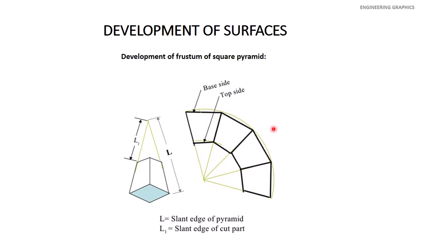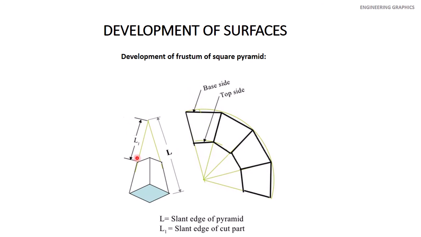Next is development of frustum of square pyramid. This is an example. Suppose we have a frustum of a square pyramid like this. L is the complete slant edge of the pyramid, and L1 is the slant edge of the cut part.